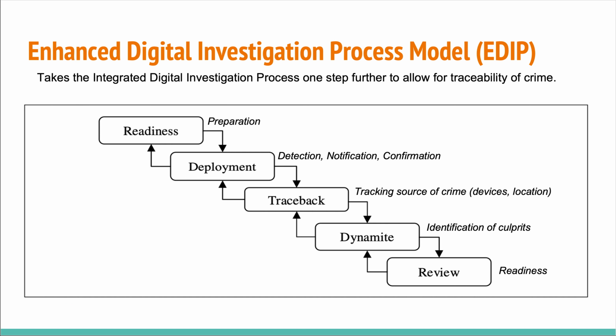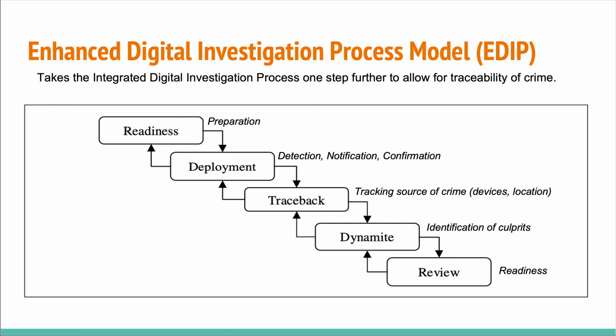The following process model takes it a step further than the integrated digital investigation process, and this is called the enhanced digital investigation process model. So that step further allows for the traceability of the crime back to devices, location, and even culprits. So you'll see here that within this process, there are the additional phases of traceback and dynamite.